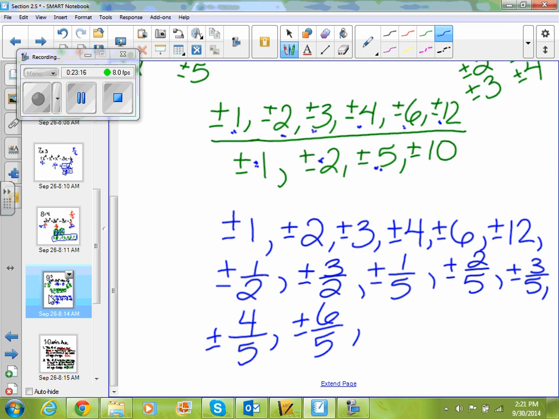And lastly, 12 divided by 5 is 12/5, so positive or negative 12/5.